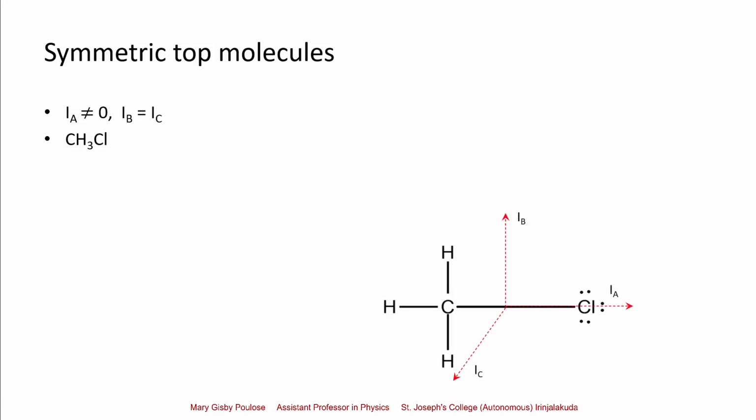Now, we have the center of mass, which is slightly shifted towards the chlorine atom since it is heavier, and the three axes along which the principal moments of inertia are associated are shown. So the molecule can rotate on all these three axes.